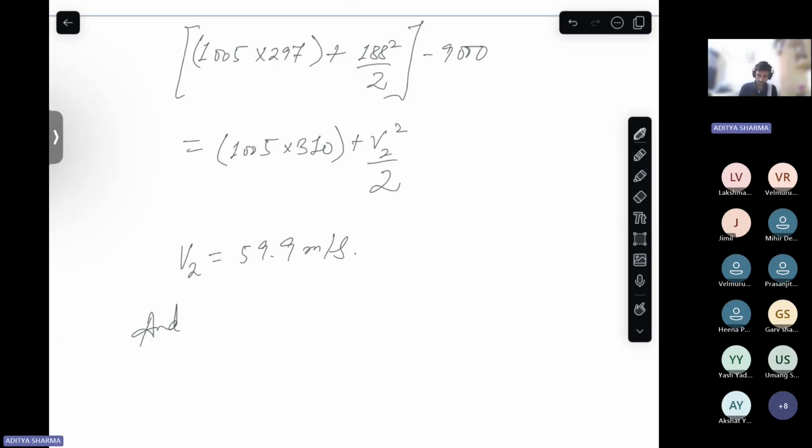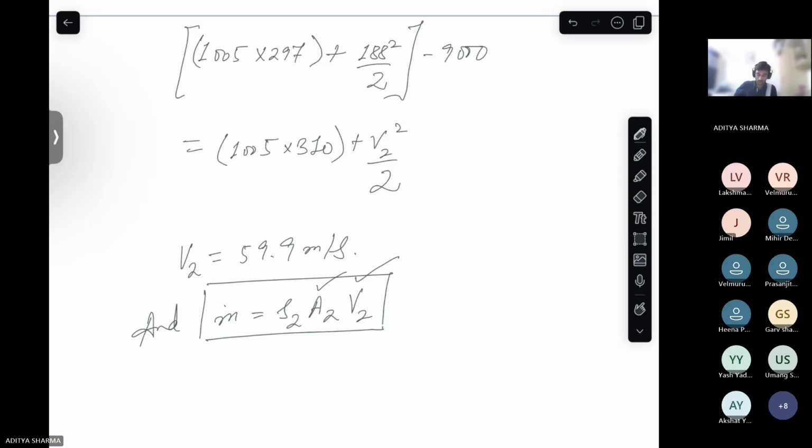So from your mass flow rate, if you see the given parameters, so this is your mass flow rate, right? Rho1 A1 V1 equals to rho2 A2 V2. Here density we have not been given, area we have been given, V2 we just found out. Now what is rho2?